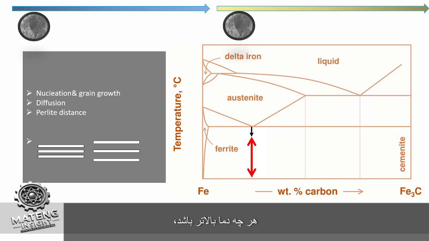The higher the temperature, the more diffusion occurs. On the other hand, the higher the temperature, the more the distance between the layers increases, so the diffusion of carbon becomes more difficult because carbon needs to take a longer path. In summary, between 600 and 700 more pearlite grains will nucleate and grow.